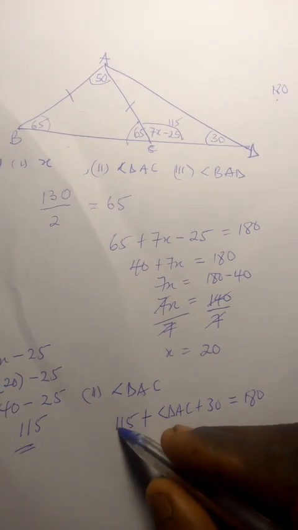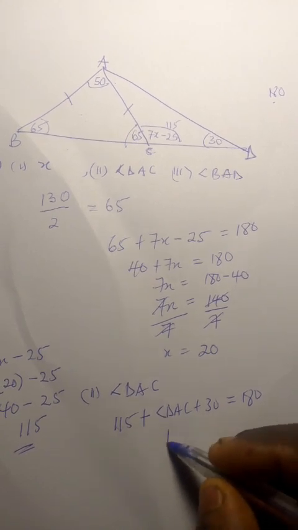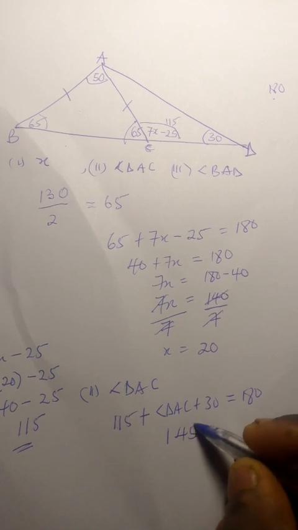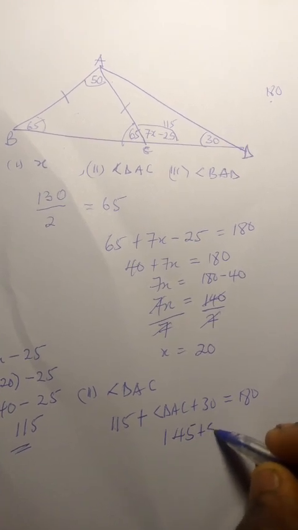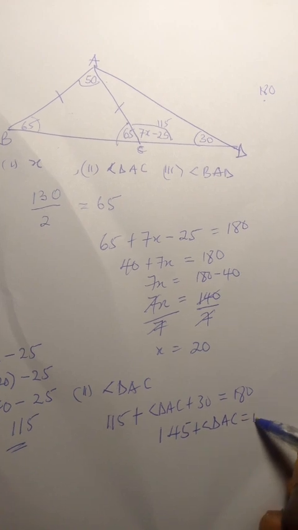So when you add this 115 to that 30, you get 145 plus the angle DAC is equal to 180.